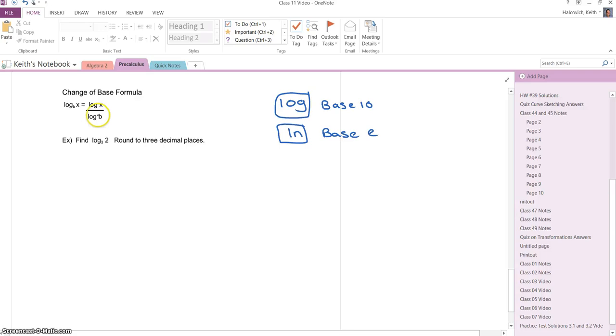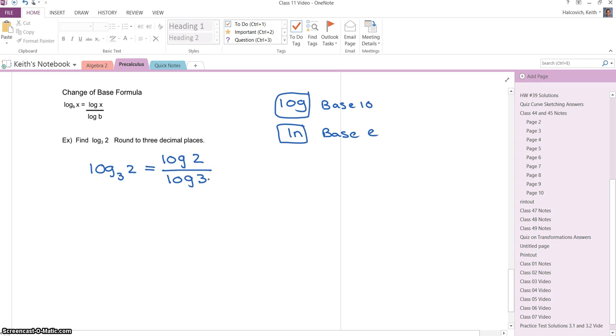Well, there's what's called the change of base formula. The change of base formula basically says that in order to change the base to base 10, you take log of the answer, so in this case log 2, and divide it by log of the base, which in this case is 3.